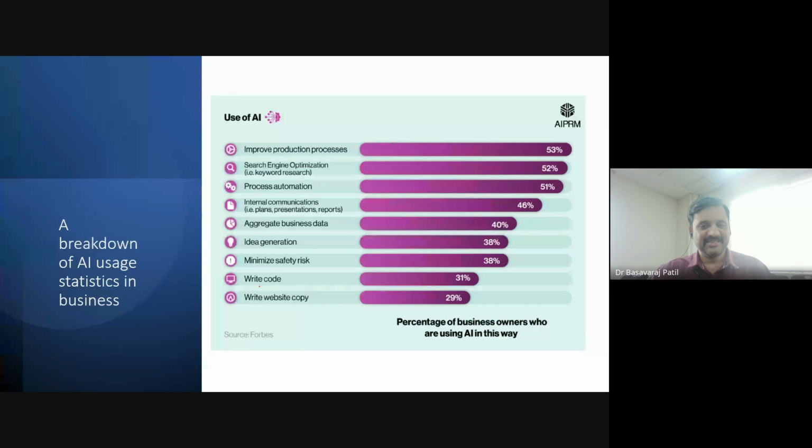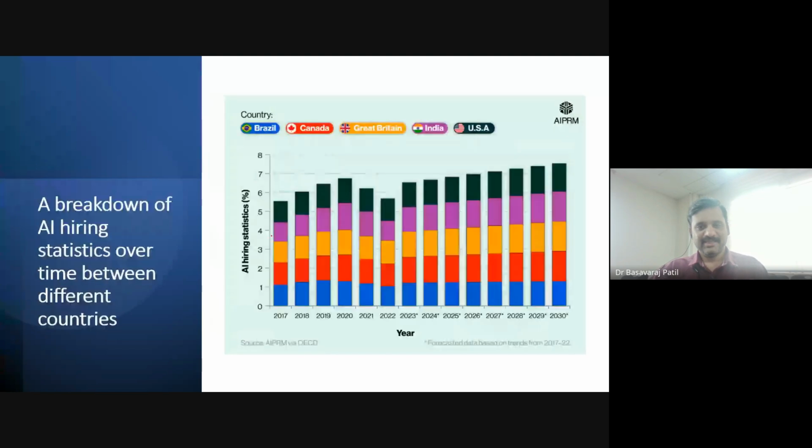The higher percentage of usage is for improving the production process. So everyone knows if the production is high, then they can sustain better in the market.